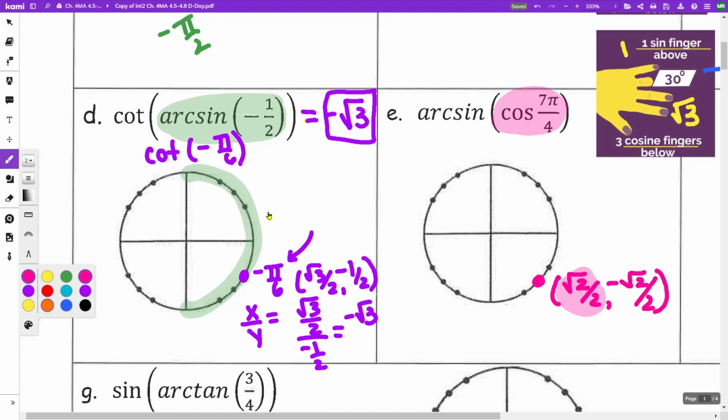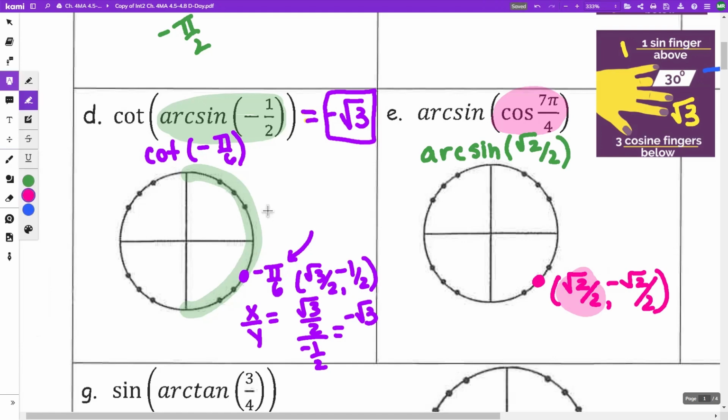So what do we want now? We want the arc sine of root 2 over 2. That's what we want. And remember, arc sine, I'm looking from here to here. So where is my sine root 2 over 2?